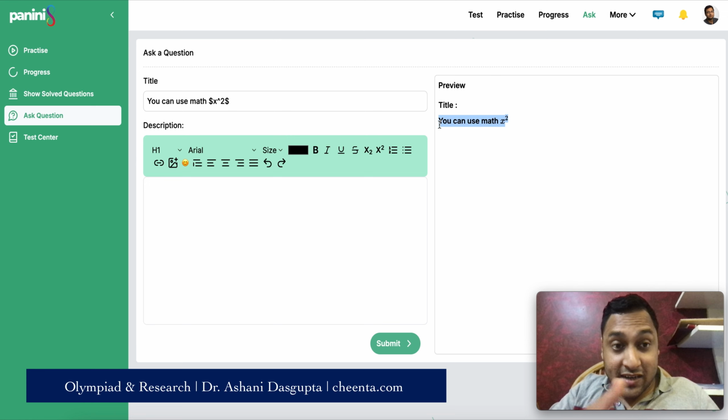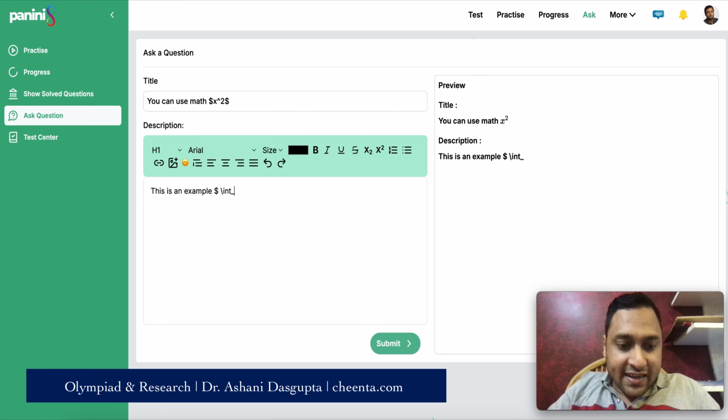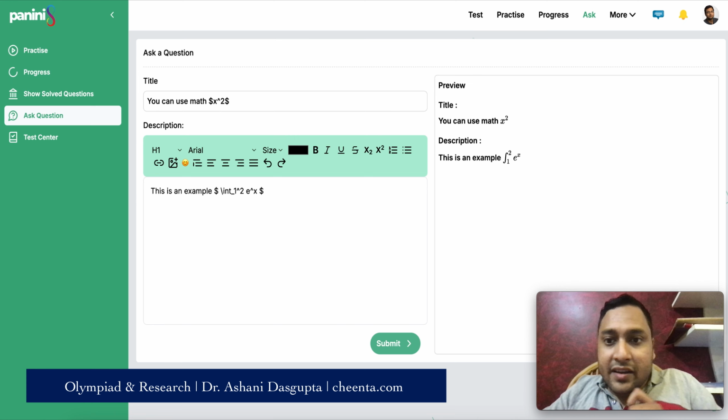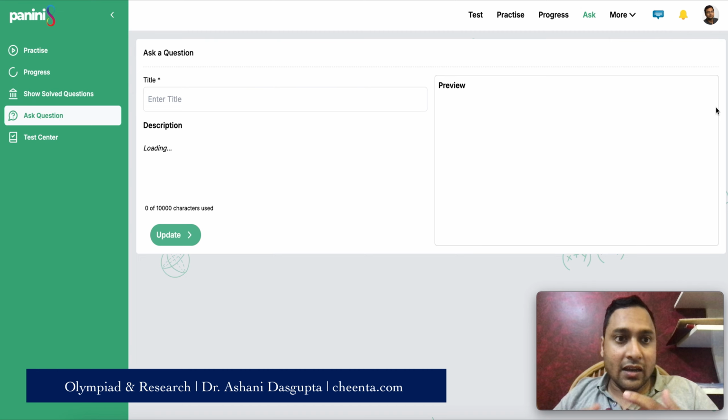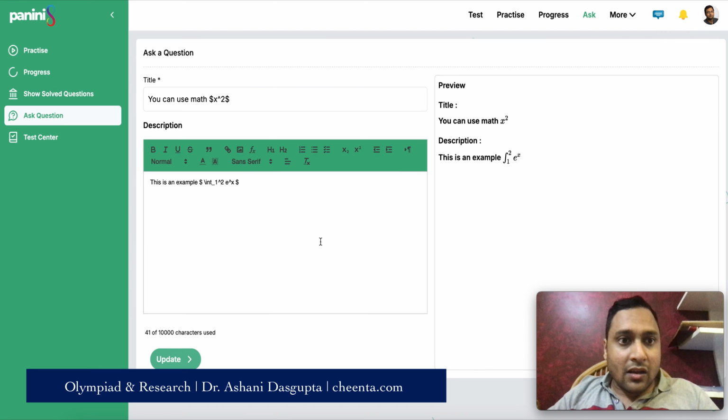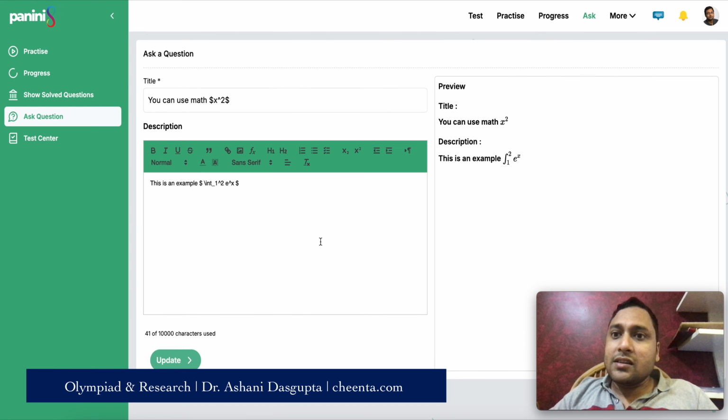If you know how to use LaTeX, it will be very easy for you. If I do this, you see it comes here. So I can click on submit, and someone can actually respond to this particular query. I can edit it, of course, since this is my post. Okay, so these are the main functionalities here.